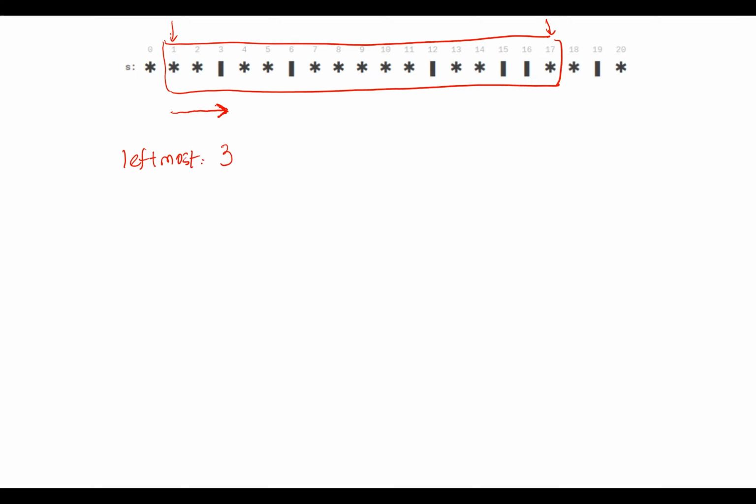Then we start reading from the right until we hit a candle. We can say that the rightmost candle is at 16. So the leftmost is at 3 and the rightmost is 16.